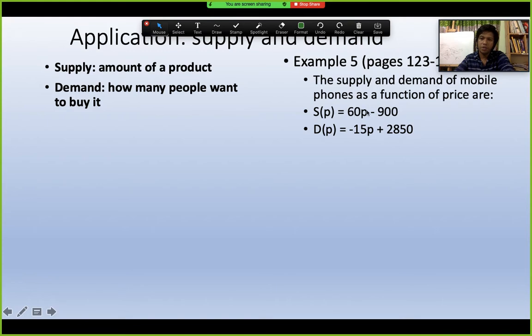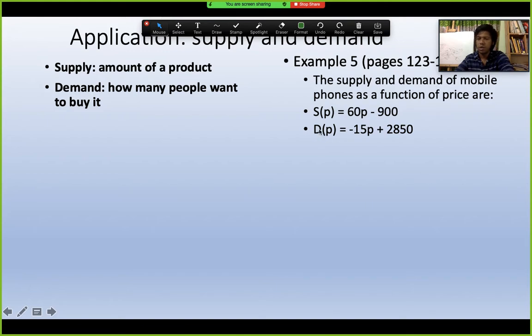So one function for supply is S(p) equals this and D(p) equals this. This function is given here: mobile phones as a function of price, this is the supply and this is the demand. This is S(p) and D(p), some function. Don't get scared by looking at it. Suppose y equals 60p minus 900.